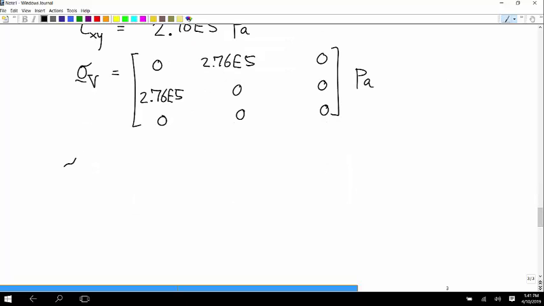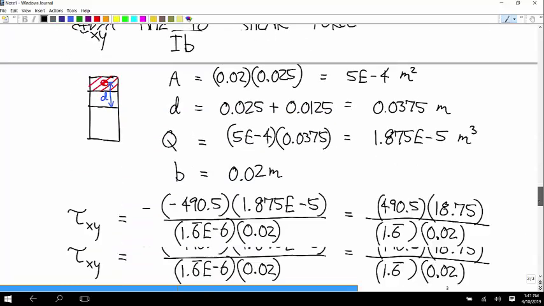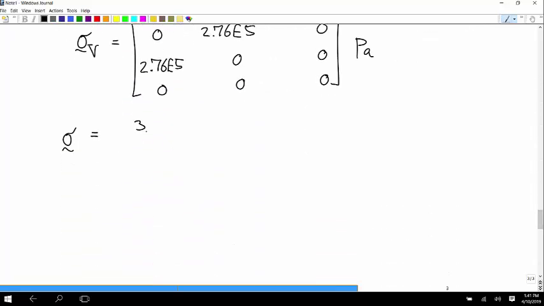And so the total stress tensor is, just add those two together, element by element. So this is just going to be 3.68 times 10 to the 6 for x, and then 2.76 times 10 to the fifth.